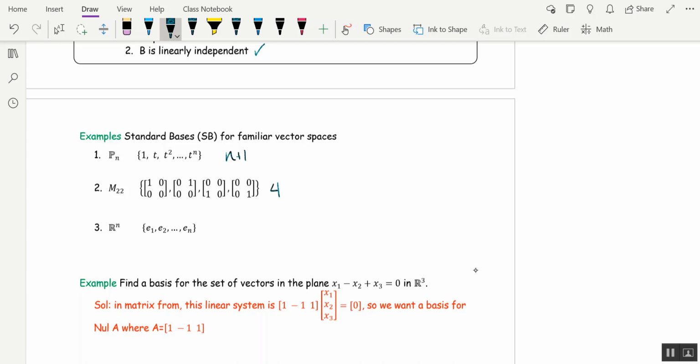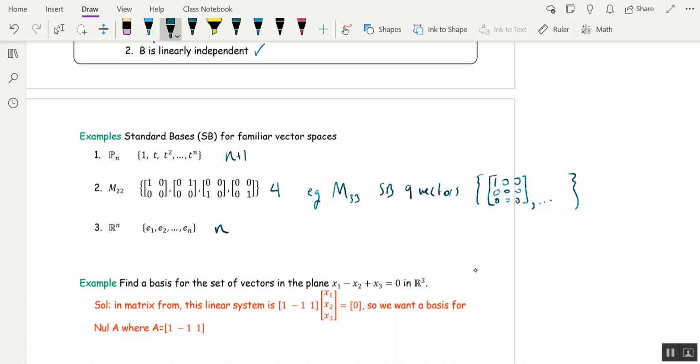And this generalizes. So for example, in M33, the standard basis has 9 vectors, and they look like 3 by 3 matrices with 1 in one spot and all zeros in the other spots. In Rn, the vectors e1 through en, those are n vectors, form the standard basis.